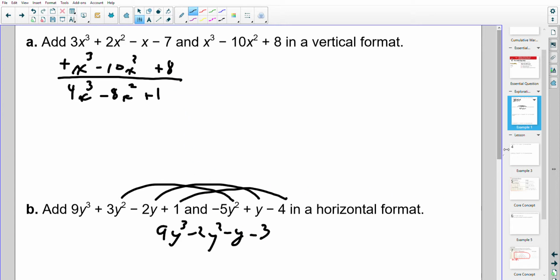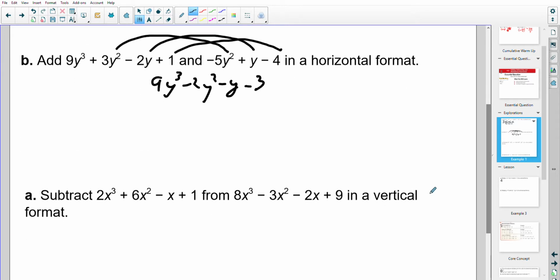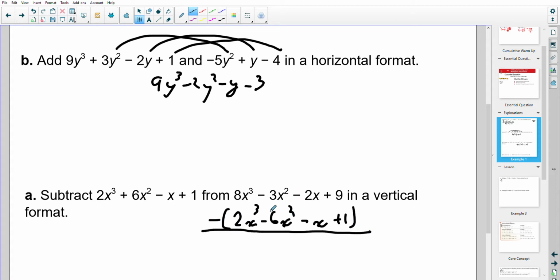Vertical, horizontal. When you go to the subtraction, you want to subtract this from this, which means, again, put the like terms together, and most importantly, put parentheses around the polynomial and subtract the bottom.